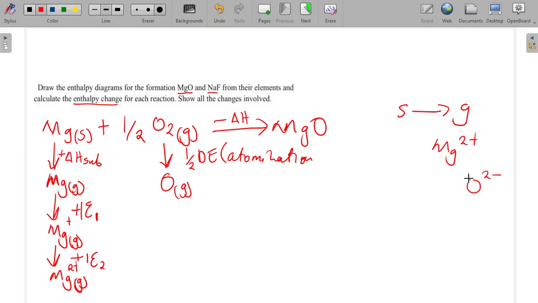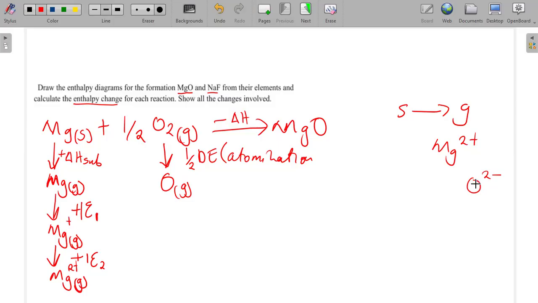Now there is a thing with this electron affinity: when you are adding the first electron to the nucleus, this process requires the loss of heat. So you'll be losing heat when you're adding the first electron.